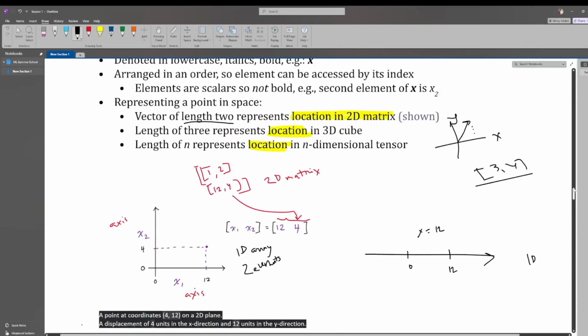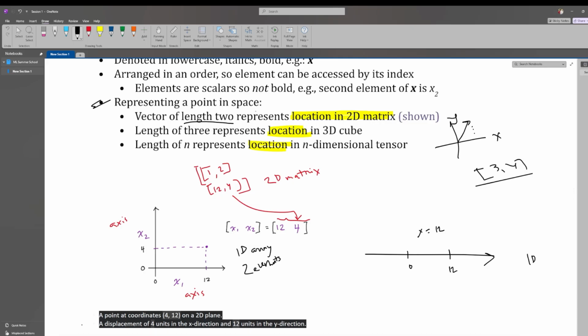Okay, let's talk about this. A vector of length 2 represents a location in a 2D matrix. Interesting point. Assuming 12 4, this axis can be x1 and this can be x2 or y, whatever you call it.